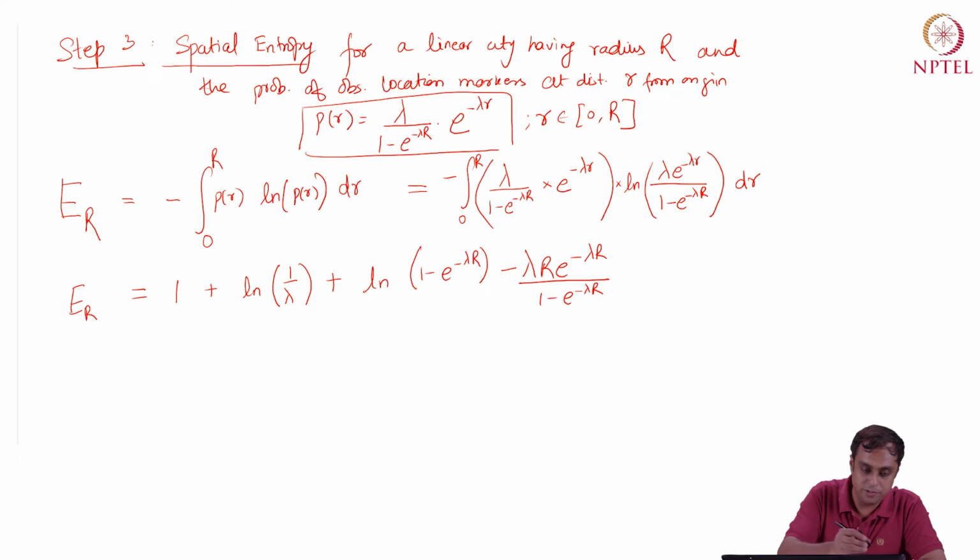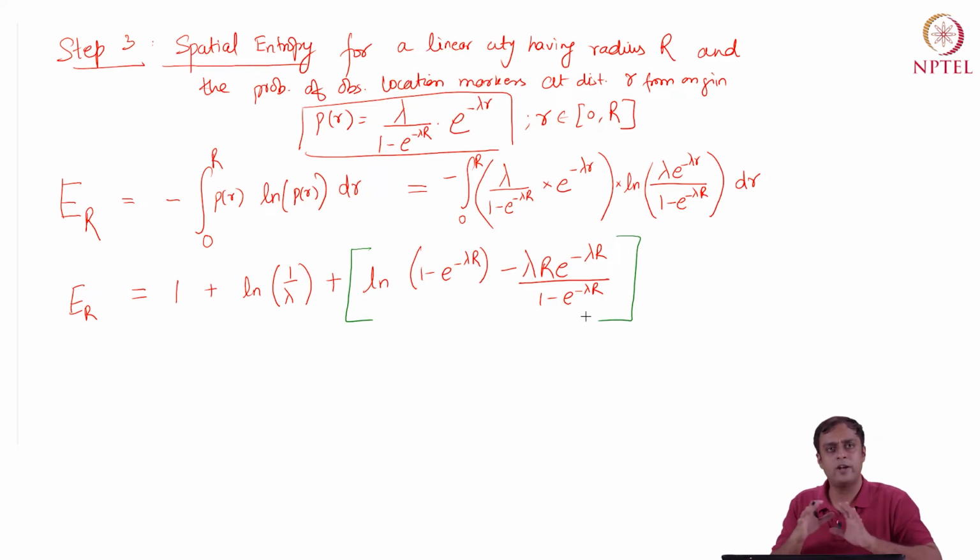So in the green square bracket, I have a term which is quite complicated, right? It is log of 1 minus exponential minus lambda R minus lambda R exponential minus lambda R over a complicated denominator.